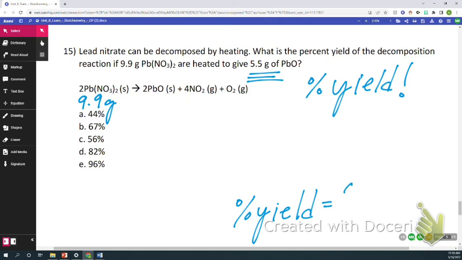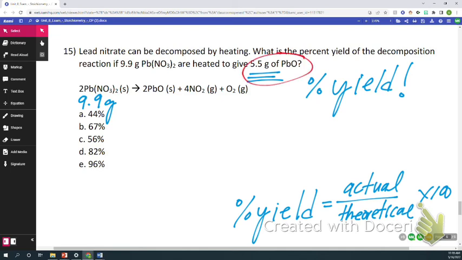Percent yield is actual divided by theoretical times 100. And what you needed to realize is this 5.5 that they're giving you, that's the actual. The 5.5 grams is the actual. So you need to calculate the theoretical and then calculate the percent yield. So using 9.9 grams, I want you to change it to moles.